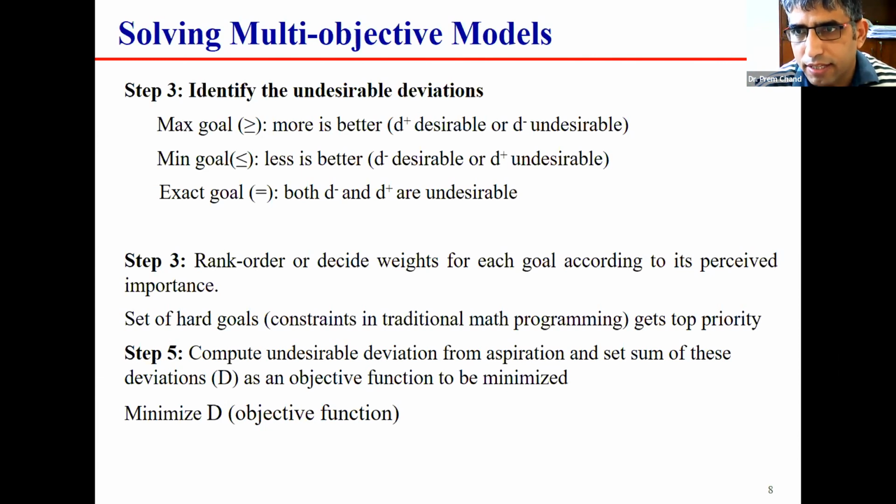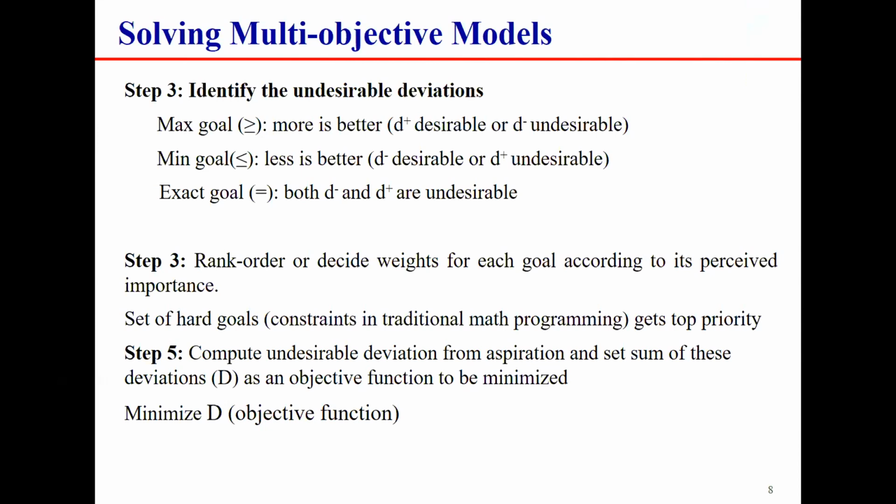In ranking, we achieve the first goal first and then move to the second, and in weighting we assign weights and solve the problem at a time. Sorry, this step is repeated.